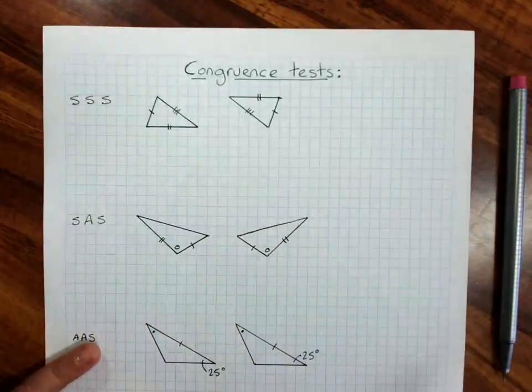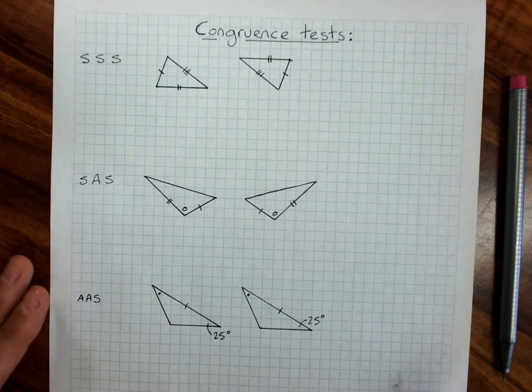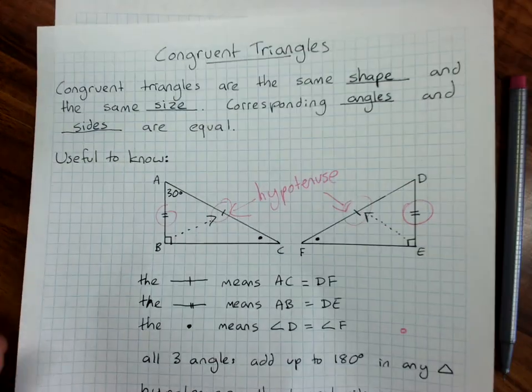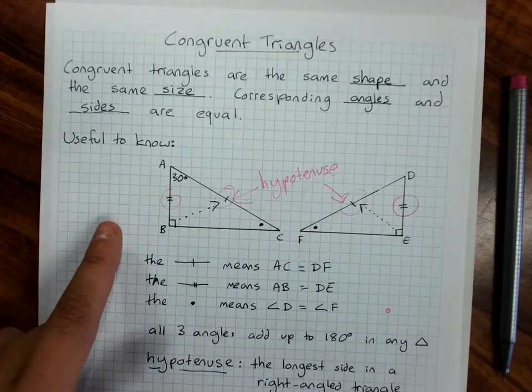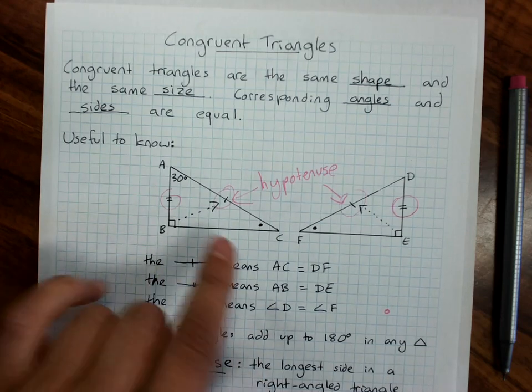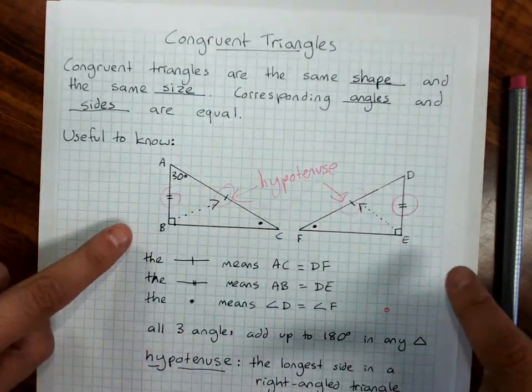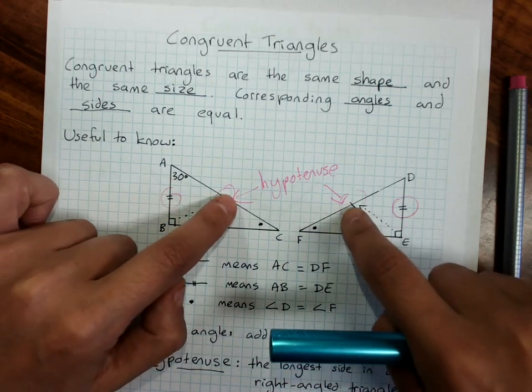Now, what we also need to know is congruence tests for triangles. We don't have to prove that all three sides and all three angles are equal to know that two triangles are congruent. So here I know all three matching angles are equal, and I know two sets of matching sides are equal.